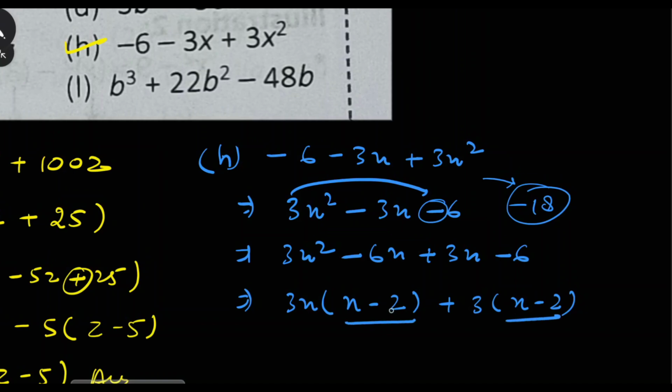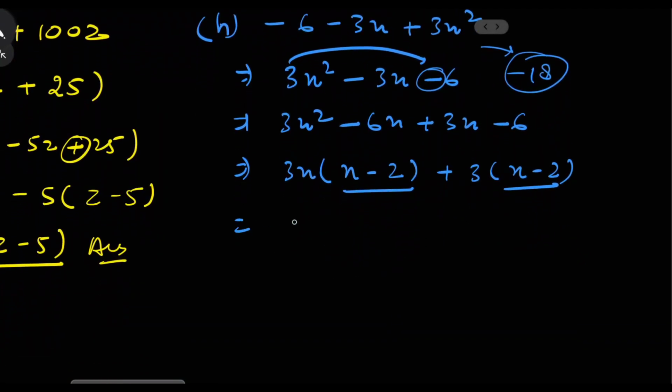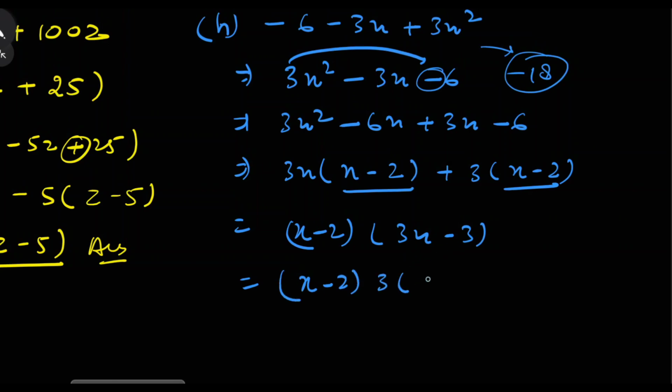Taking x minus 2 common, you will have x minus 2 and 3x minus 3. Again, taking 3 common from here, you can write x minus 1. So 3 times x minus 2 times x minus 1 is the factor of that quadratic expression.